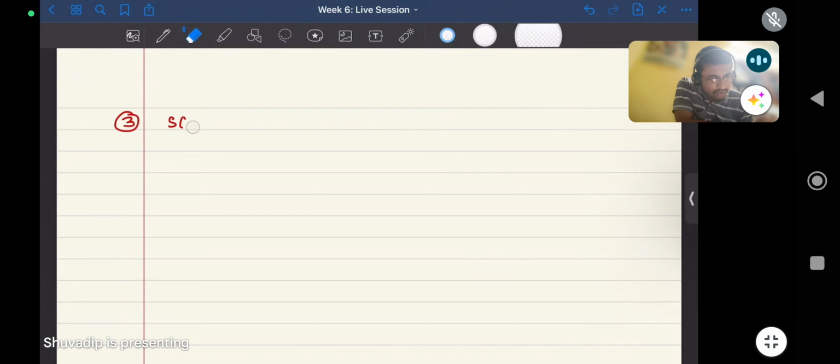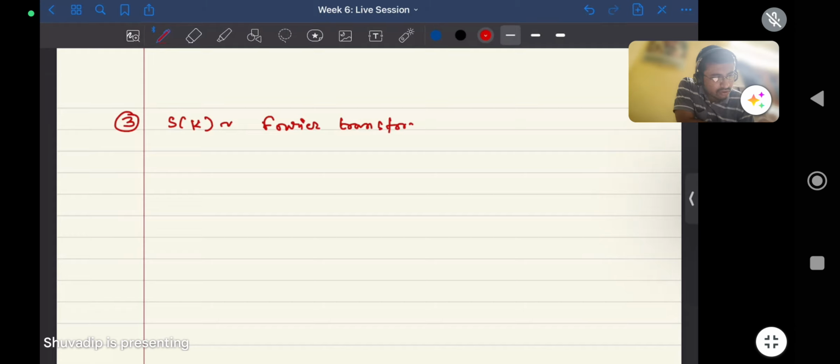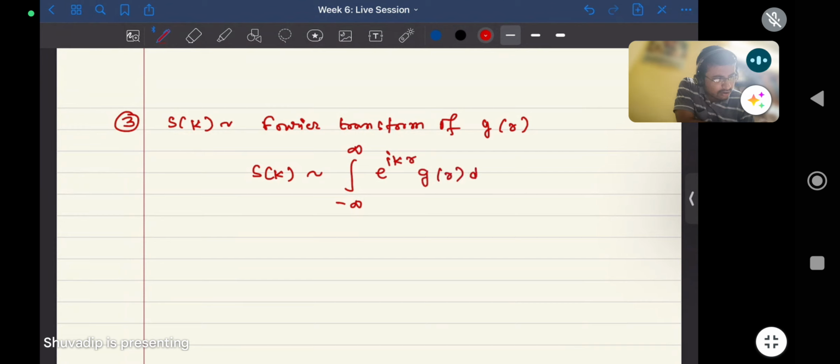As you know, this is just Fourier transform of G of R. So it is defined like S of k is, apart from some prefactor, we can adjust that prefactor, e to the power i k r G of R dr integrated over minus infinity to plus infinity. So this will be S of k, the structure factor.